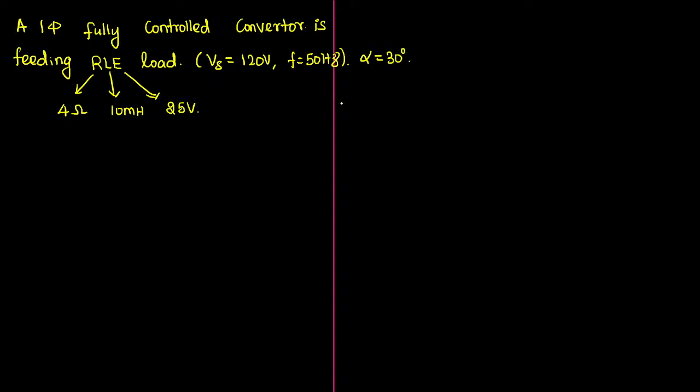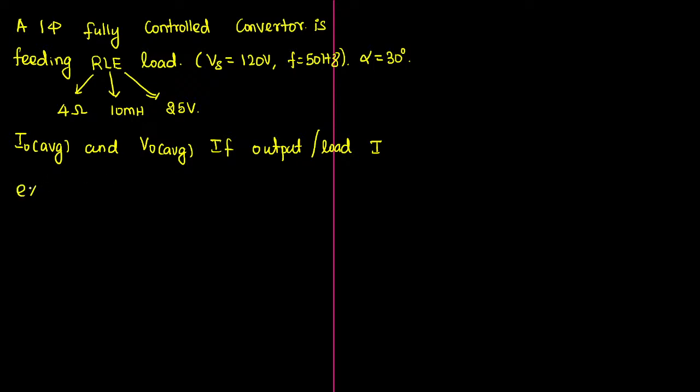Now the question is: what is the average value of the output current and the output voltage, I naught average and V naught average, if the load current is extinguished?